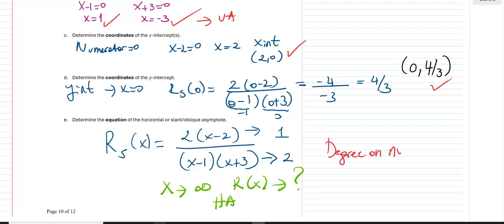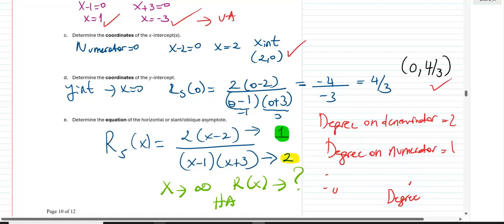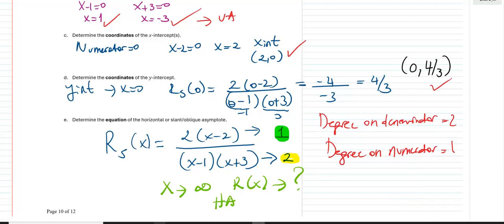Okay, because the degree on denominator is greater than the degree on numerator, for horizontal asymptote, we're going to divide a very small number by a very big number.